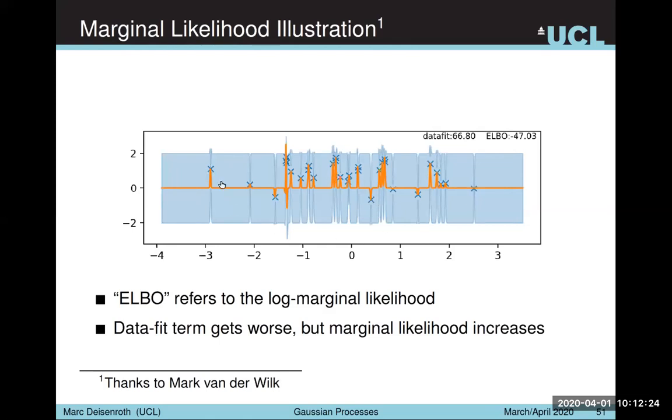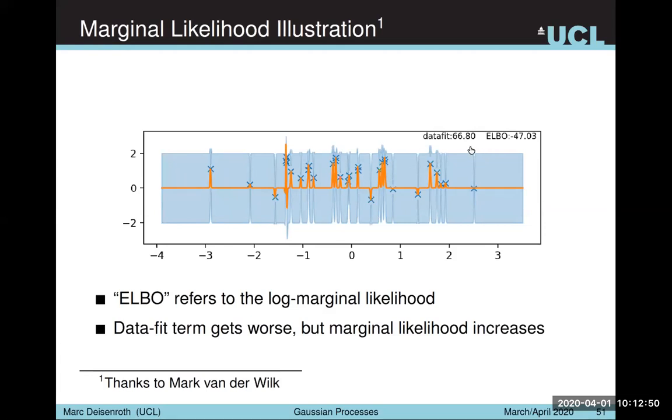We're going to look at this example where our training data is given by these blue crosses, and we have initialized our Gaussian process to some length scale, some noise, and some signal variance, the amplitude parameter. And now we're going to run gradient descent on the log marginal likelihood.